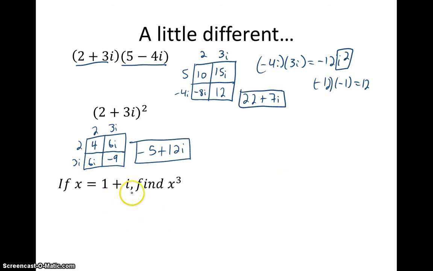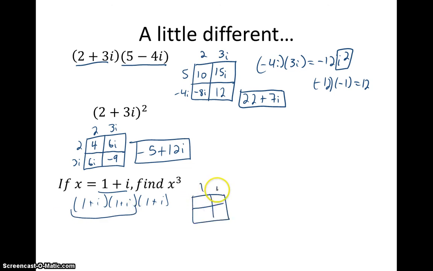I'm going to have to rush through this last one a little bit, but this is something that you're going to see in your homework, where I define x as a complex number, 1 plus i, and I'm looking for x cubed. So that's just 1 plus i times 1 plus i times 1 plus i. So I'm going to start by looking at the first two together. I'll just make a box. So I'll have 1 plus i and 1 plus i. 1 times 1 is 1, 1 times i is i, 1 times i is i again, and then i times i is negative 1, i squared.